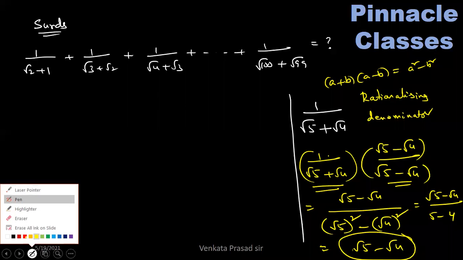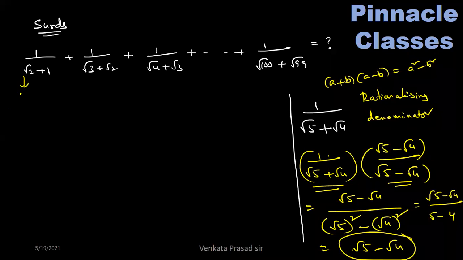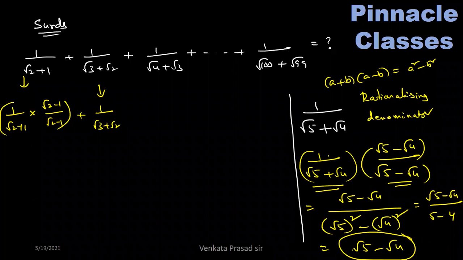Like that. How to write this one? 1 by root 2 plus 1, rationalizing the denominator. What is the format? Plus 1 by root 3 plus root 2 into rationalizing.